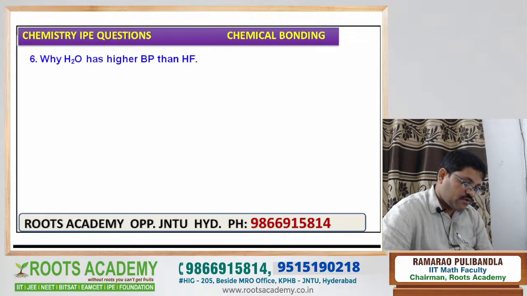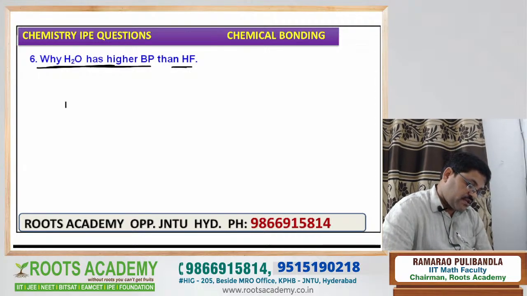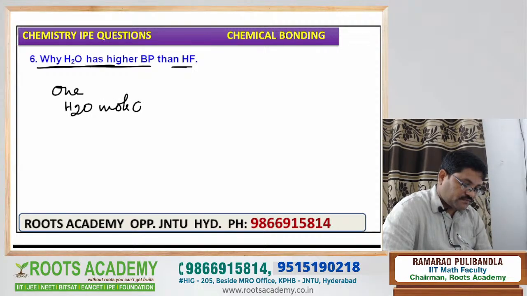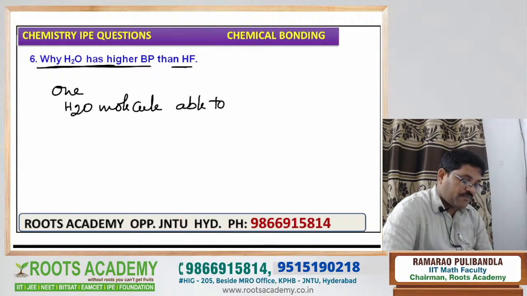Now see the next one. Why does H2O have a higher boiling point than HF? Simple statement. In the H2O molecule, simple logic, one H2O molecule is able to form 4 hydrogen bonds.